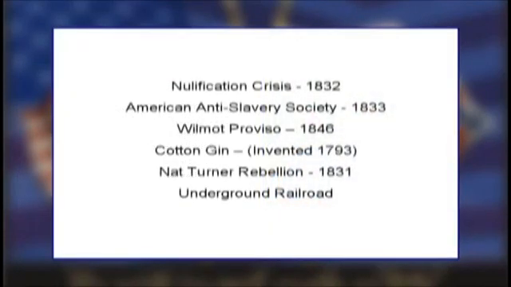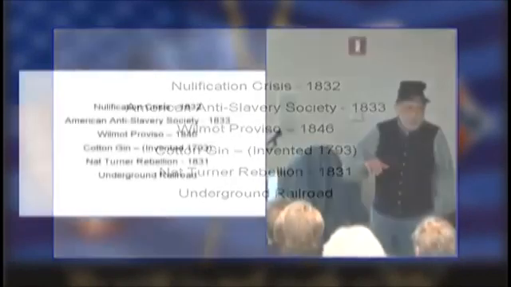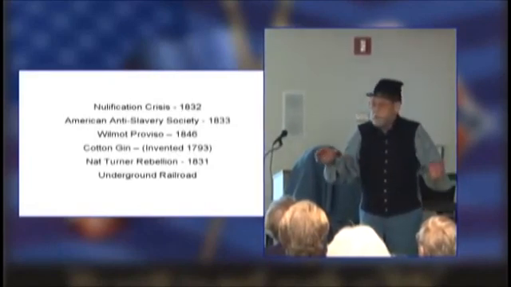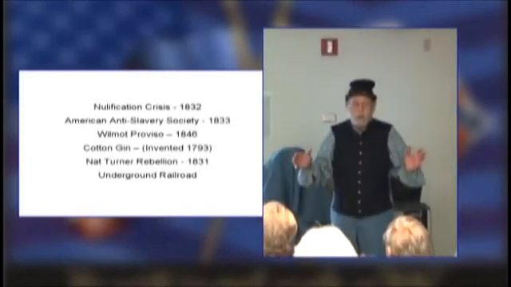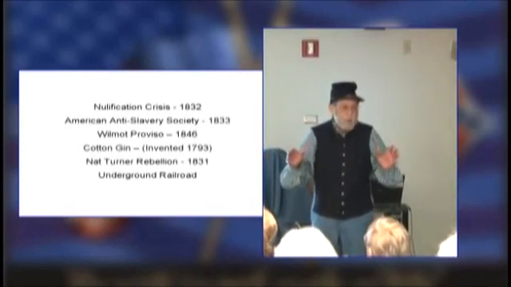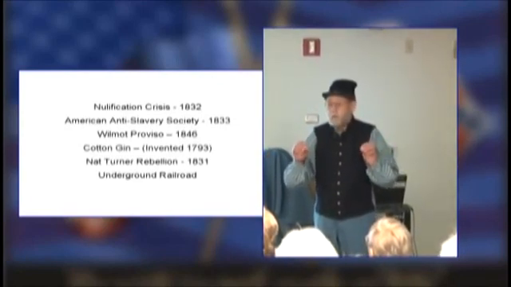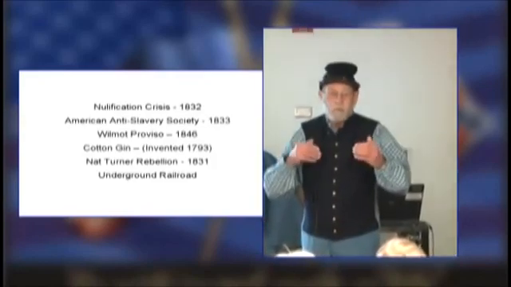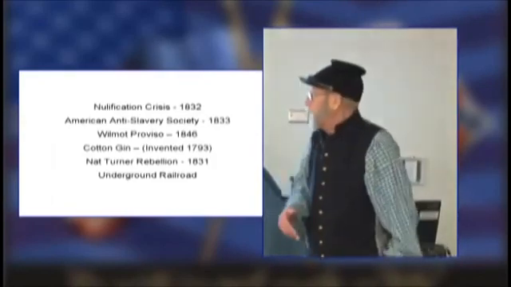The American Anti-Slavery Society was created in 1833, and that was the beginning of really the abolitionist movement and the recognition that there was really a great disparity between feelings towards slavery.